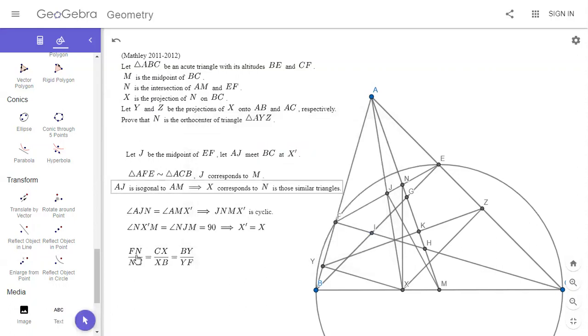And so that's where we get this first ratio, FN over NE is equal to CX over XB.